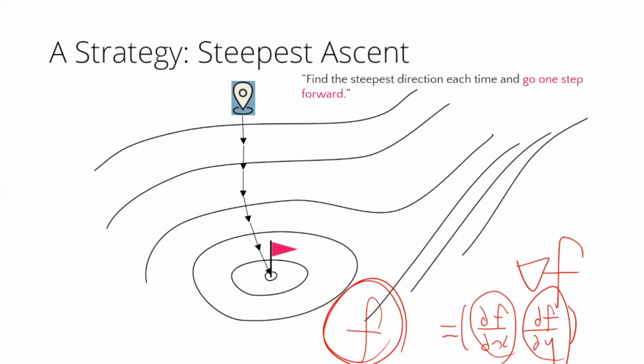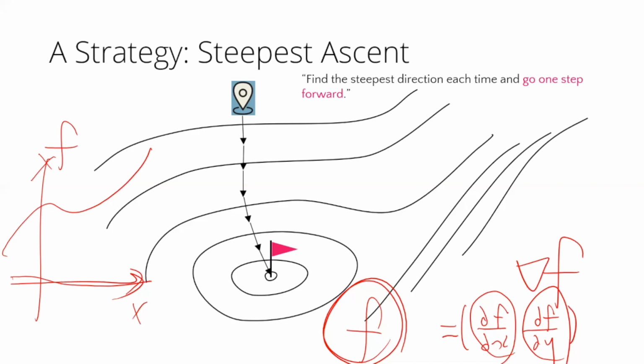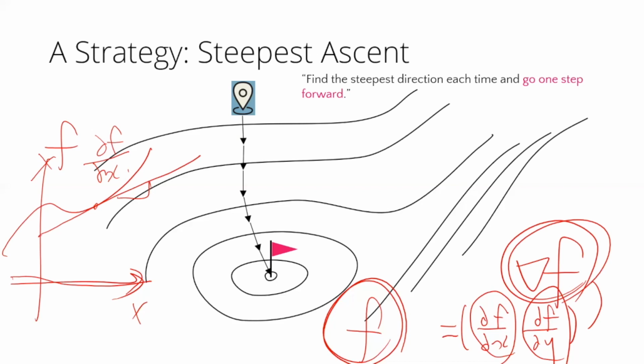In single variable calculus, when you have a function value with respect to the domain x, if you compute the derivative of the function f with respect to the parameter x, that gives you the slope of the function. So the gradient is a 2D version of that, or an n-dimensional version, where the gradient gives you the vector that indicates the steepest direction of increase in function value.